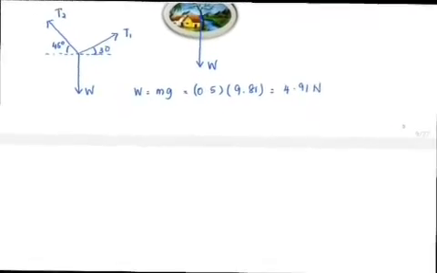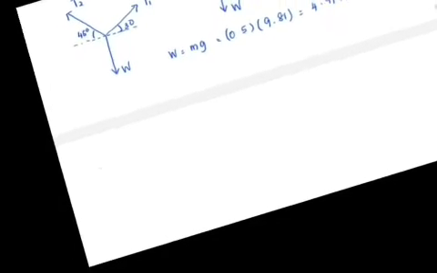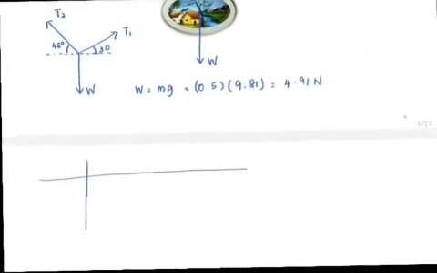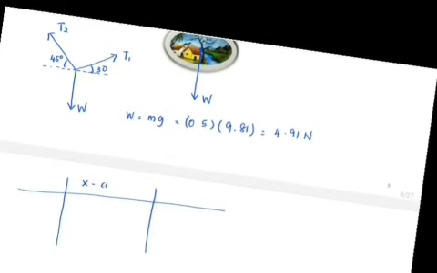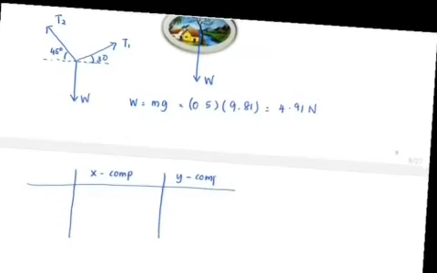After we draw the free body diagram, second step is we construct a table with 3 columns, containing column of X component and Y component.